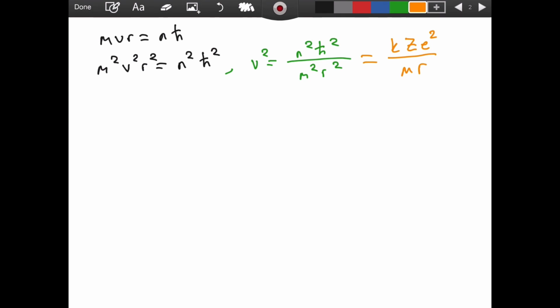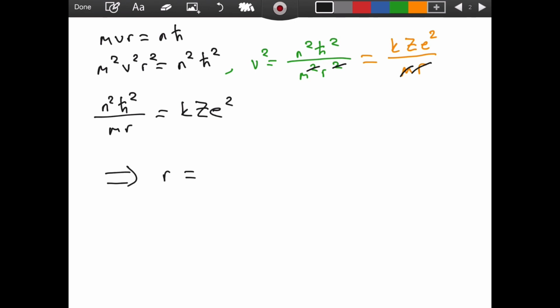And let's do that. First, we see that one m cancels here and another r cancels here. And as a result, we are left with n squared h bar squared divided by m r is equal to k z e squared. And if I solve this equation for r, which you can do yourself, I will basically divide by this and multiply by m r and then divide by m as well.